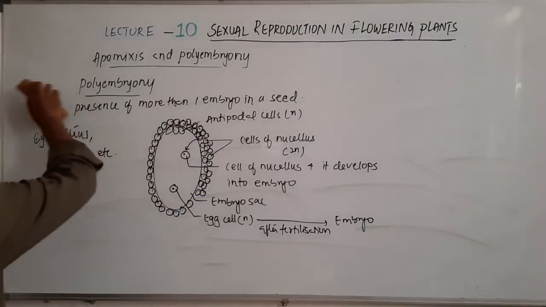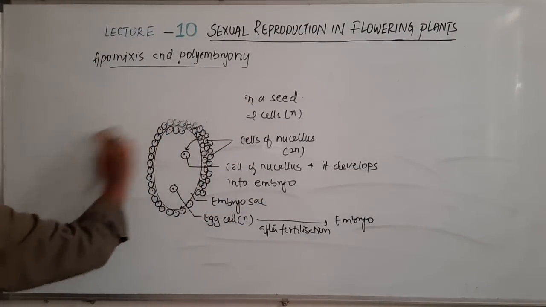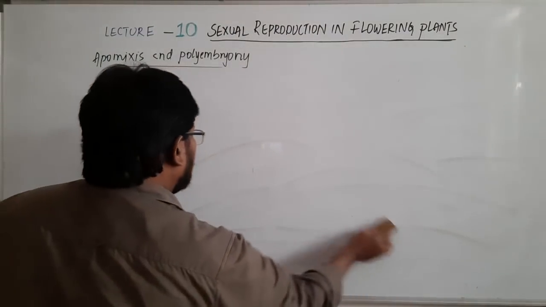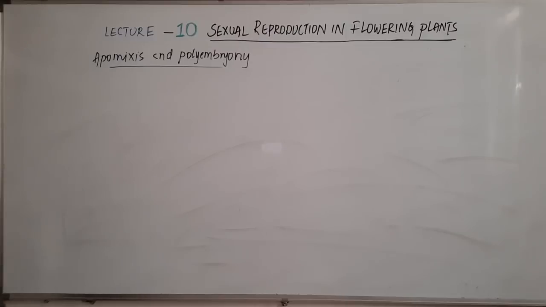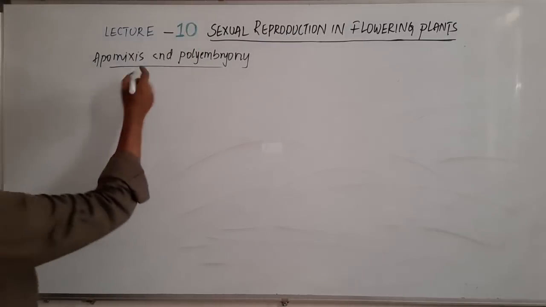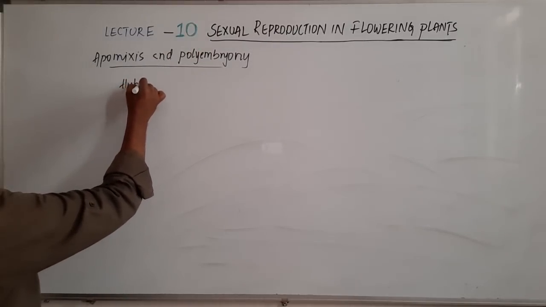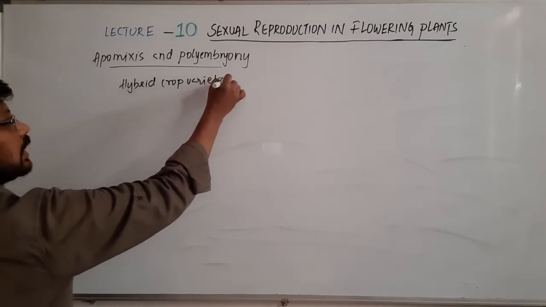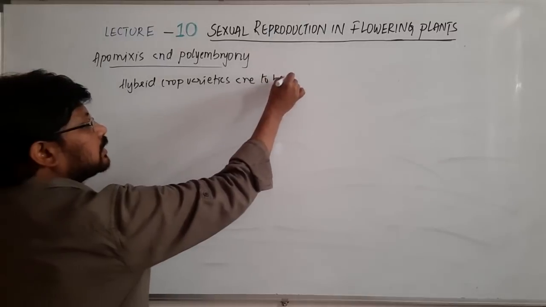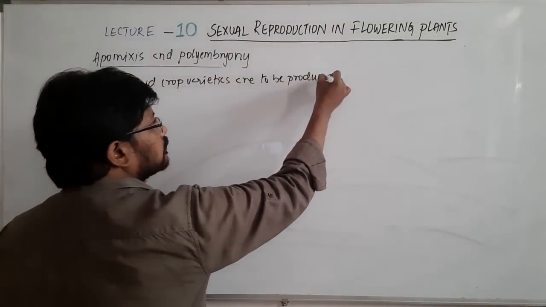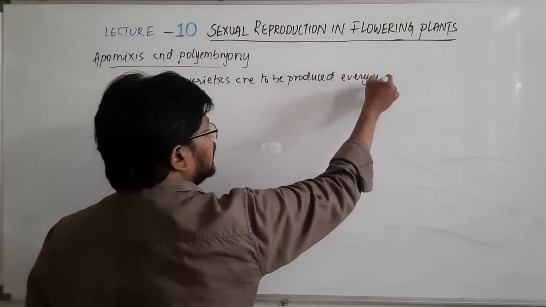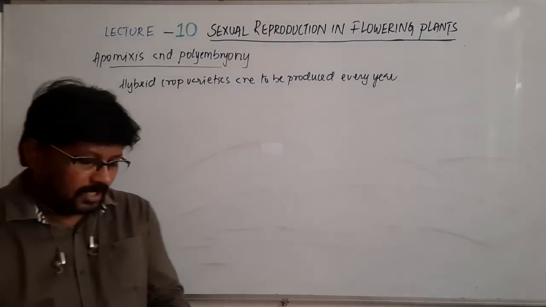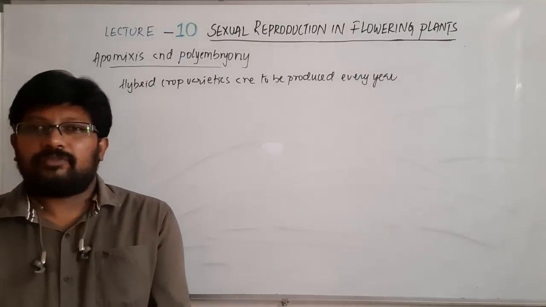Now let's see another small concept related to apomixis. Here we see that hybrid crop varieties have to be produced every year, and the farmers have to purchase them every year.